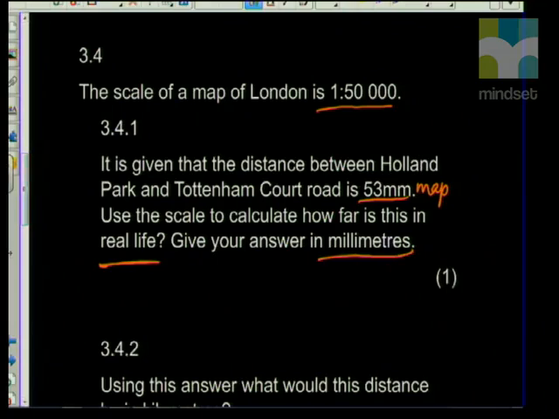So first of all, I always like to write my scale. 1:50,000. Remember that this is my map and this is reality. They've told us that on the map it's 53 millimeters.